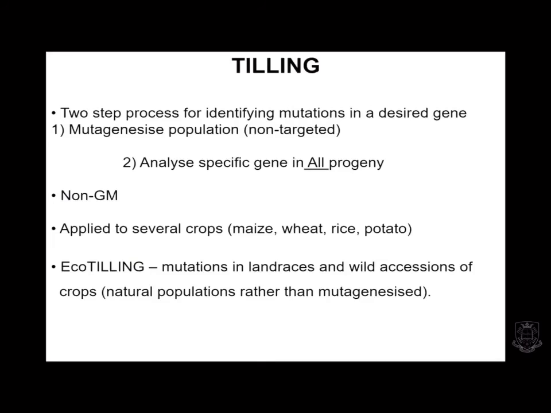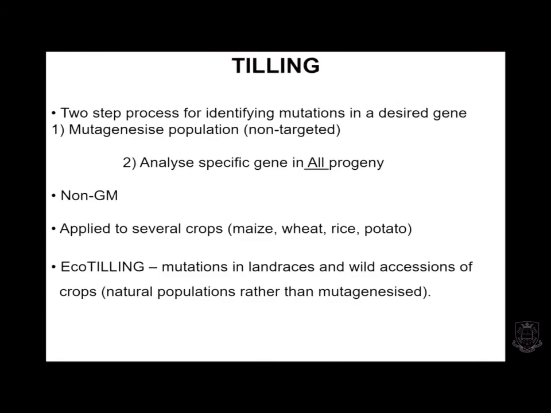So TILLING is a reverse genetics process. The first thing, for TILLING to work, you must know what gene you're targeting. You have to know the sequence. But it's a big undertaking because what you have to do is mutagenize a population, and now this becomes a probability problem. If you mutagenize something, how big a population are you going to have in order to identify a mutation in the gene of interest, in this R gene?